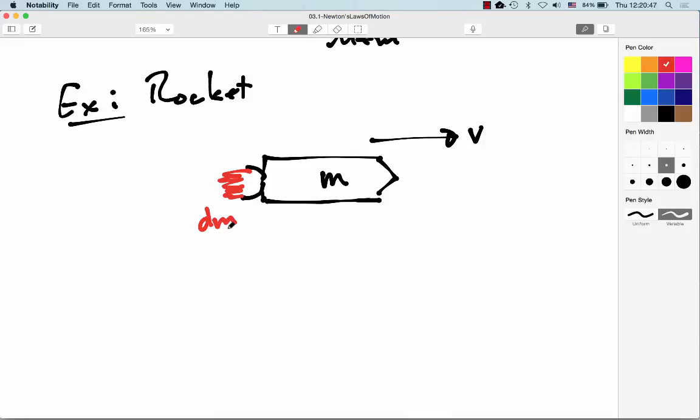Actually, strictly speaking, it'll be a minus dm, because dm is going to be referring to the change here, which will be negative, but we'll work that out in a moment. Slightly confusingly, we're going to have the exhaust moving forward, and we'll stick in the minus sign later. And this is measured relative to the rocket.